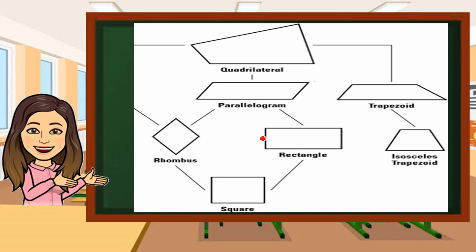So, let's look into the description of each of them. A parallelogram with right angles is what we call a rectangle.